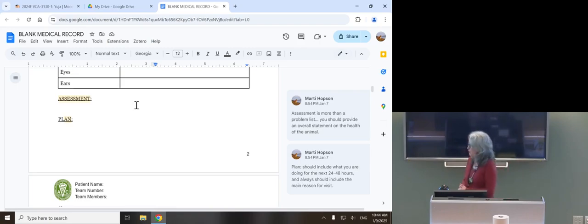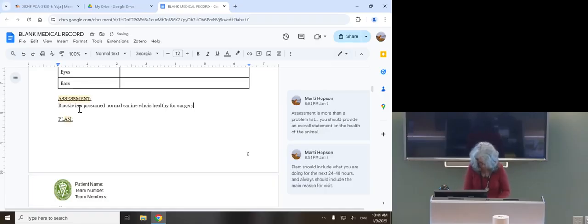You could start off with Blackie is, you don't have blood work yet or anything, right? So you could say, hard to read this, presumed normal canine who is healthy for surgery. Okay? And then, sorry about the little typos, you guys will forgive me.